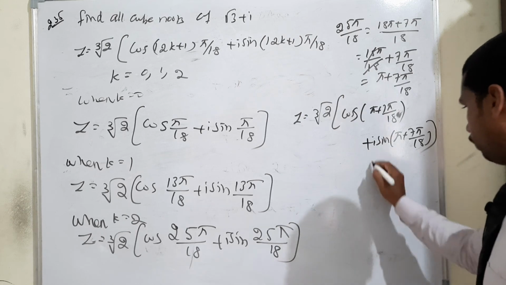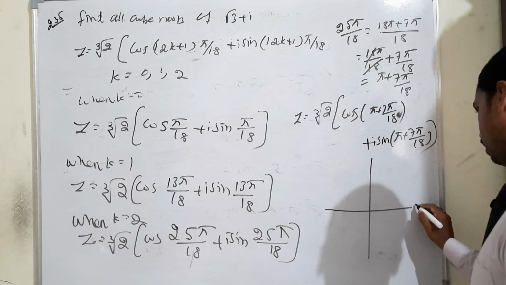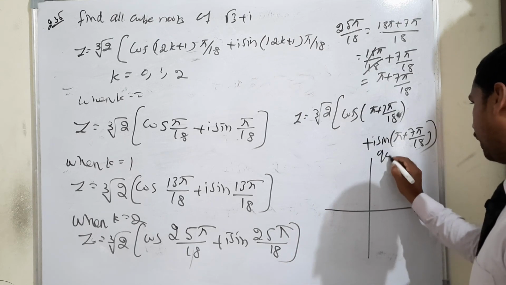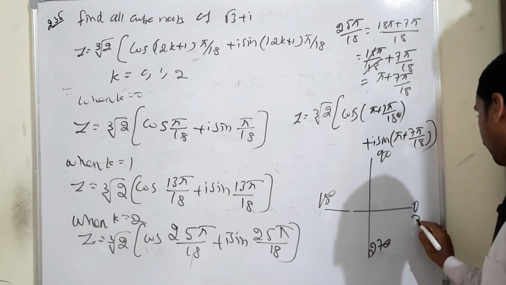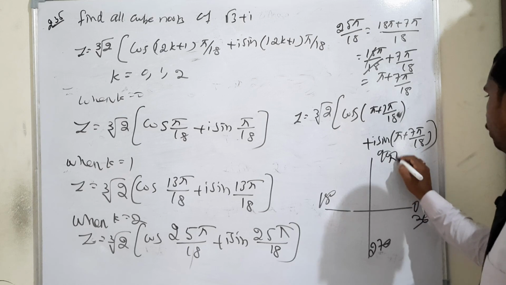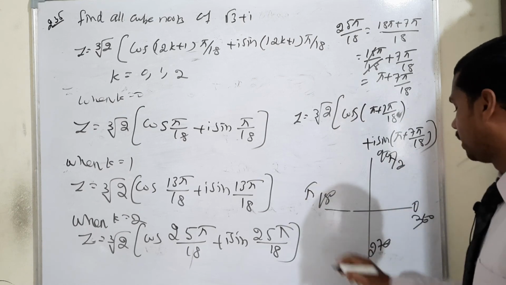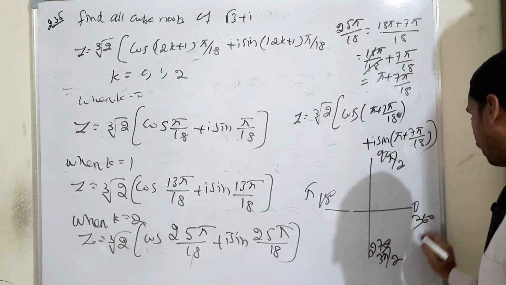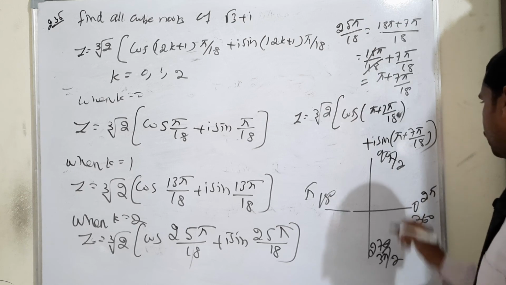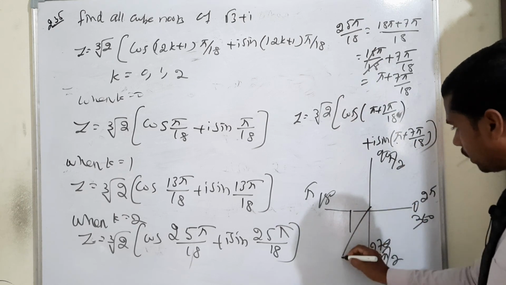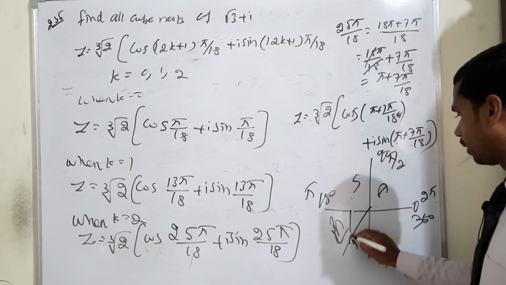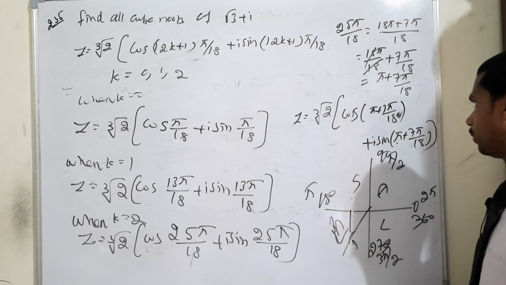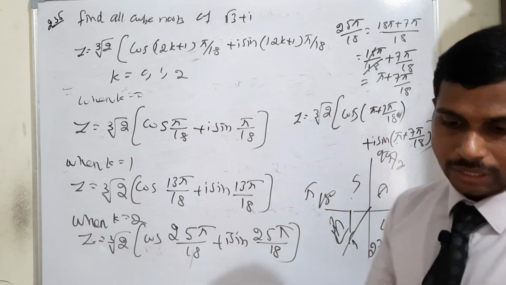If you make the unit circle: 0, 90, 180, 270 and 360. 90 means pi by 2, 180 means pi, 270 means 3 pi by 2, 360 means 2 pi. Pi plus means it lies in the third quadrant. In the third quadrant, all silver, T cup means only tan is positive. So both the terms will be negative, isn't it?